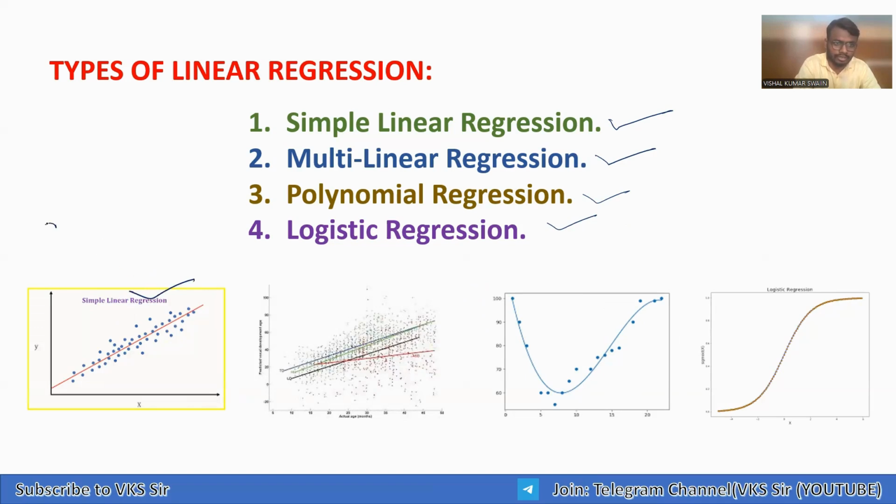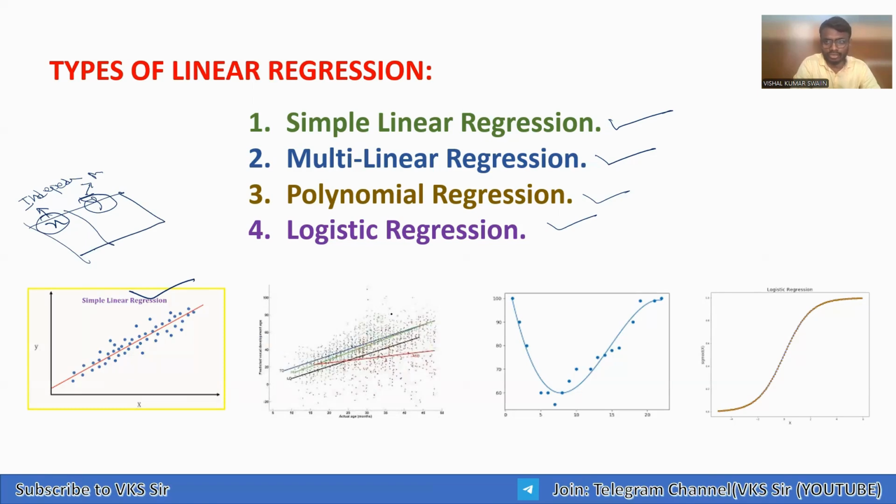In simple linear regression, there is one independent variable and one dependent variable. So only a single independent variable is there, and based on it we say it is simple linear regression.